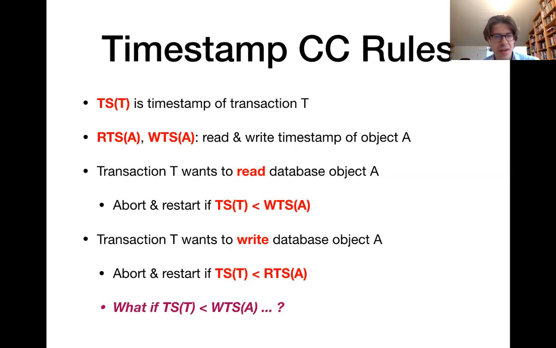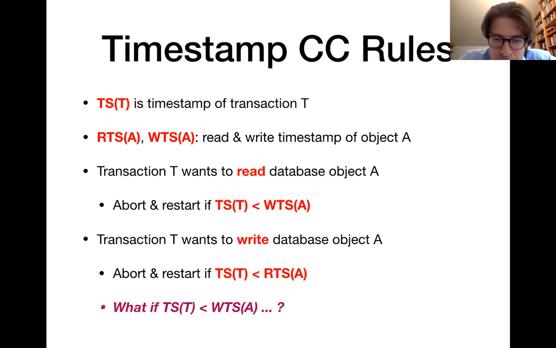All right. Now, on the other side, what happens if a transaction tries to write an object in the database? Logically, if a transaction executes at a certain time and writes a value for an object A, then all transactions that are executing later than the current transaction should read the value written by the current transaction, because then logically it is as if everything had executed in transaction timestamp order.